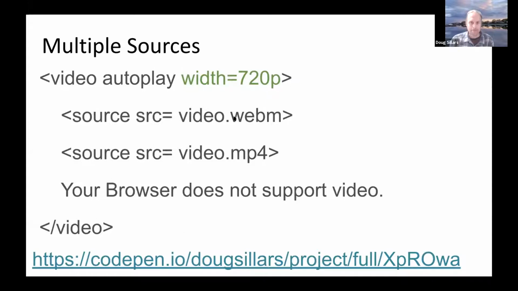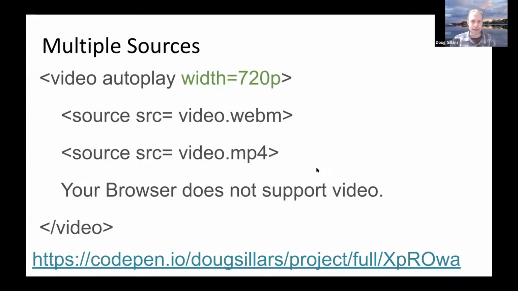So WebM, VP8, and VP9 are a little bit more modern than H.264 MP4, so the compression's better at the same quality. So browsers that support WebM will be able to play this version, and if the browser doesn't support it, they can fall back to the MP4. H.264 MP4 has pretty much universal support across all browsers.